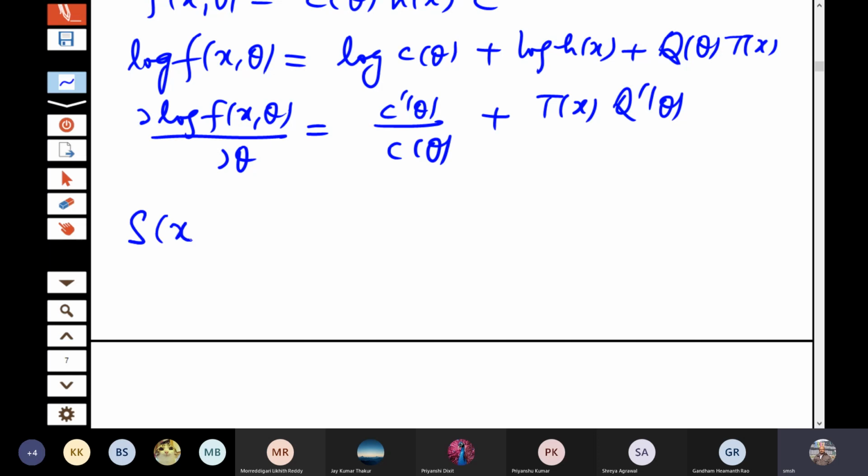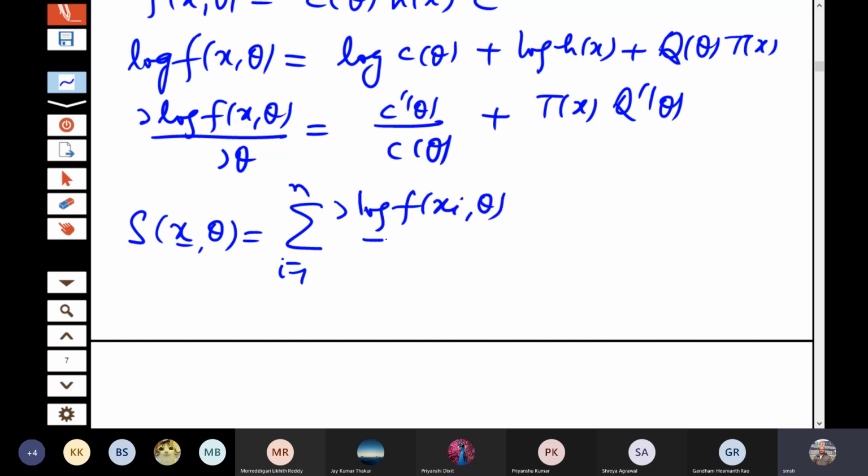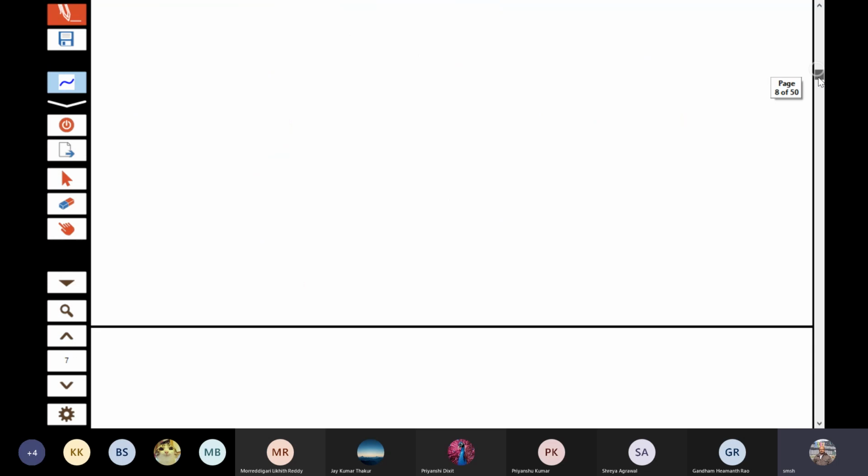So what is S(x; theta)? If you remember, it is nothing but the sum over i equal to 1 to n of del log f(x_i; theta) by del theta. So that becomes, let me write it in the next line.